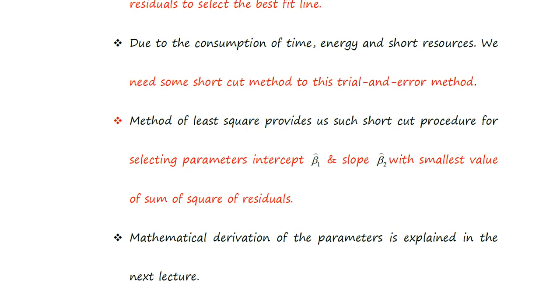It means we cannot perform the procedure of drawing different lines and comparing their minimum sums of squares of residuals. We only adopt the method of least squares. The method of least squares provides us the best fitted line, and the mathematical derivation of the parameters is explained in the next lecture. Thanks.